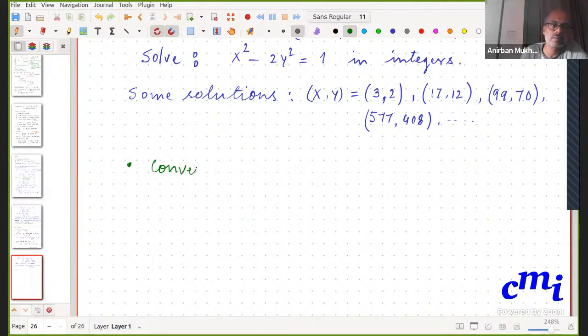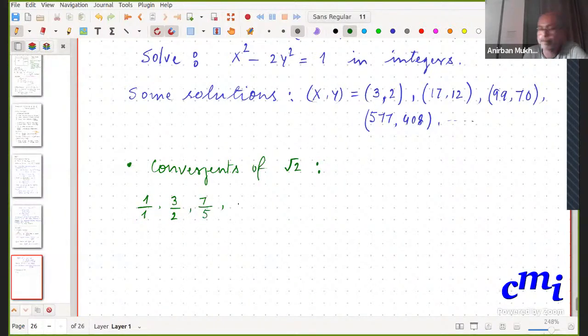If you look at convergents of square root of 2, then the first one is just 1 by 1. Then you have 3 by 2. Then 7 by 5. You can use an online calculator to check this. So 17 by 12, 41 by 29, 99 by 70, that's what we just talked about.